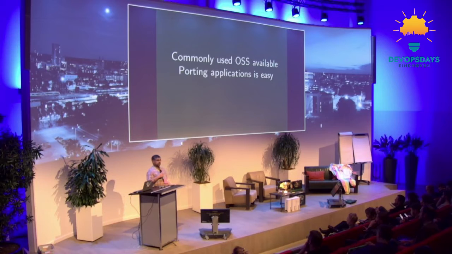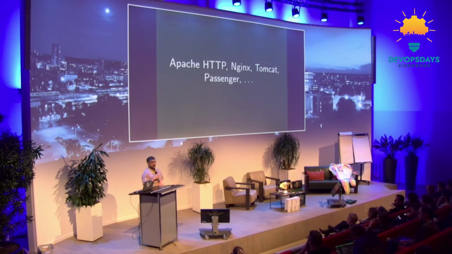Like I said, most common open source software is currently available. If you go to any popular distribution, you'll find them in there. Porting is typically very easy, as the majority of the time it's just recompiling, unless you have somebody who specifically wrote system-specific code. These are other examples of software that has been tested.